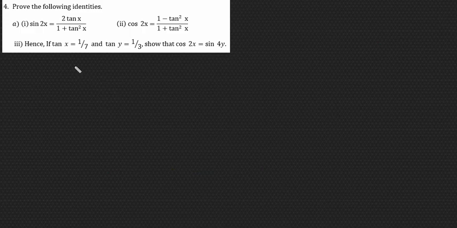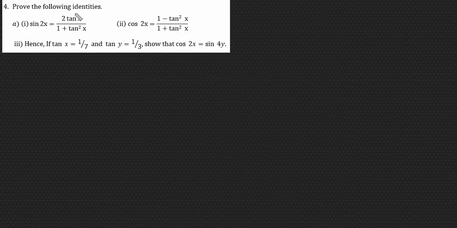So now let us talk about number 3. We are told "hence." Whenever they say hence, that means what you have just proved, you have to use it to do the next part. So now we are having tan x is 1 over 7 and tan y is 1 over 3. We need to show that cos 2x is equal to sin 4y.